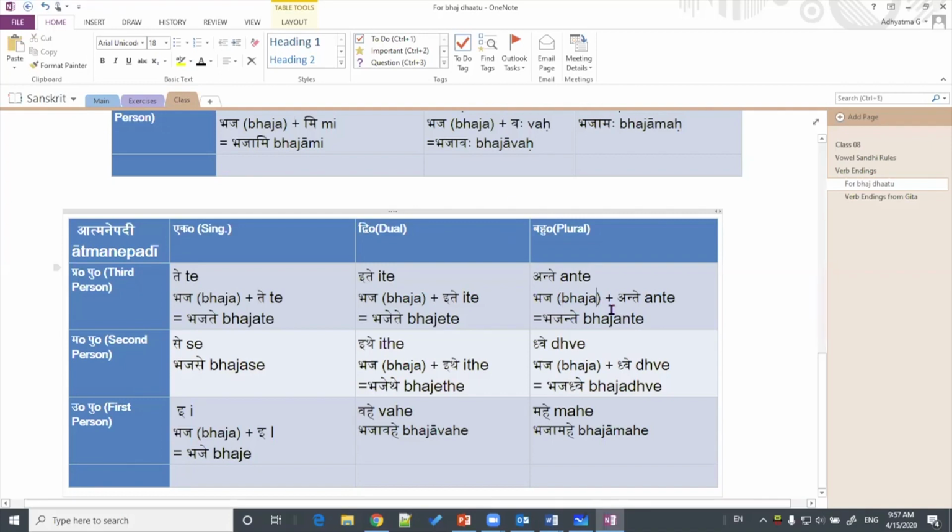It remains akara because of another exception rule which applies to this particular form. So I hope it is clear where we are applying the sandhi. It is akara plus ikara, ekara. So that's the sandhi there.